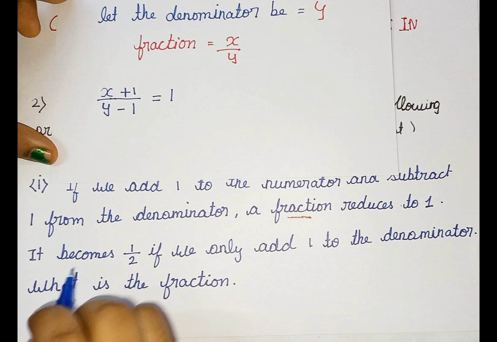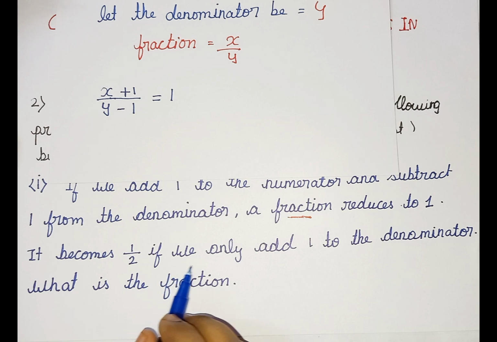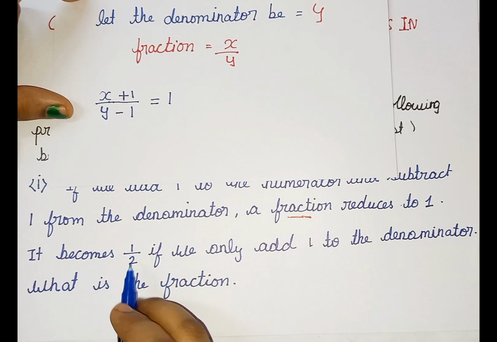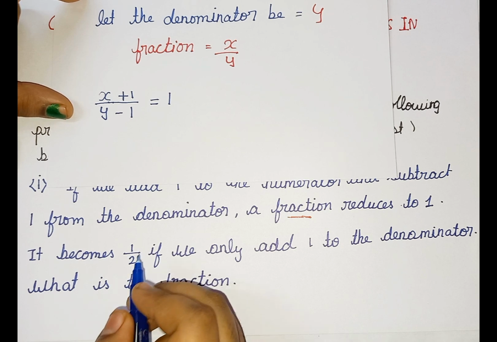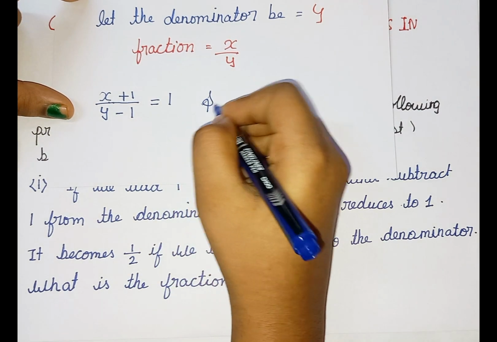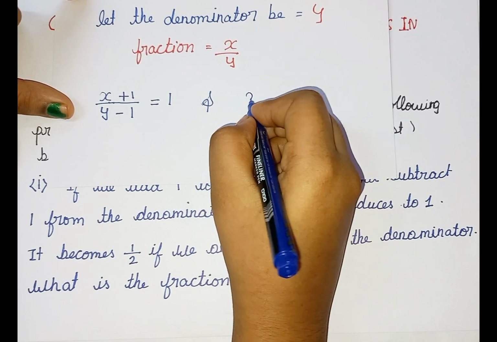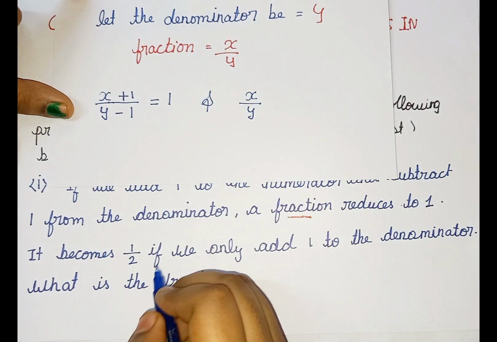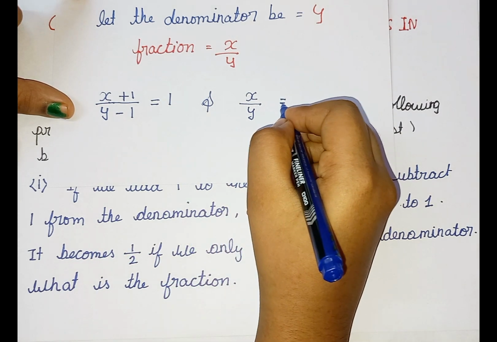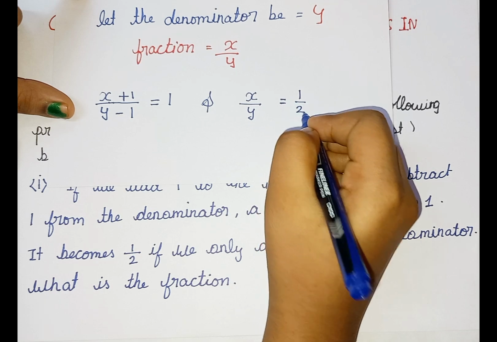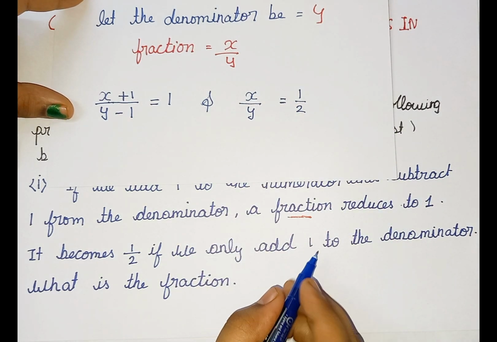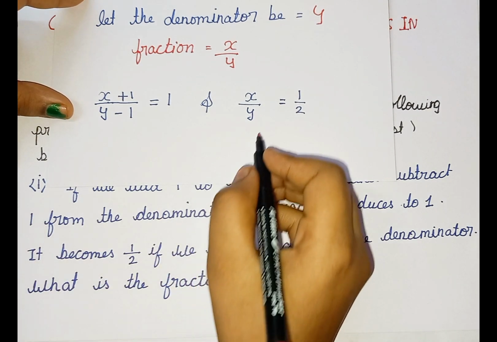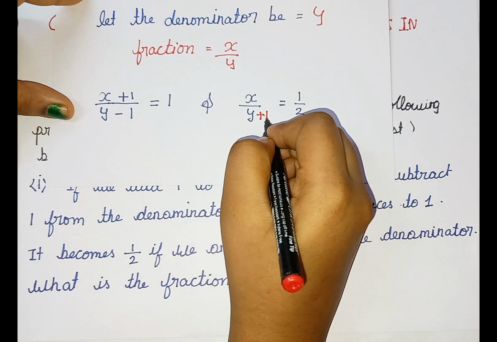It becomes 1 by 2 if we only add 1 to the denominator. So here they mention it becomes 1 by 2. The fraction x by y, let us write it as it is, and it becomes 1 by 2. If we only add 1 to the denominator, the denominator is y, so we are supposed to add plus 1. Why?